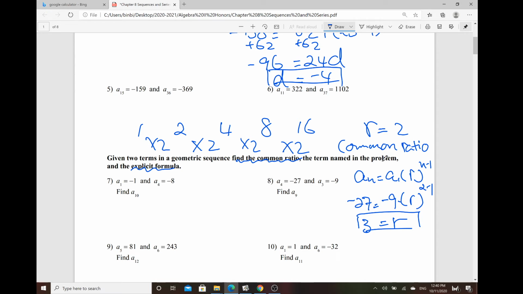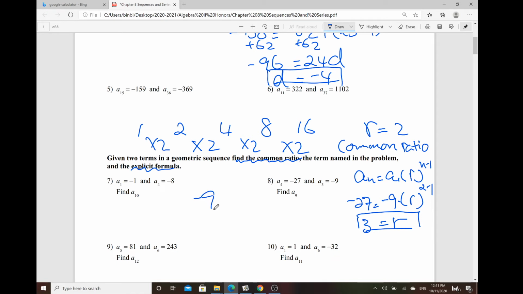So once we find the common ratio, another thing you want to do is find the explicit formula. So a sub n for this is a sub 1 times the common ratio. We don't know what a sub 1 is, so we need to use that formula again to find a sub 1. The common ratio is 3. So we're using a sub 3 as the lower term, as a sub n.